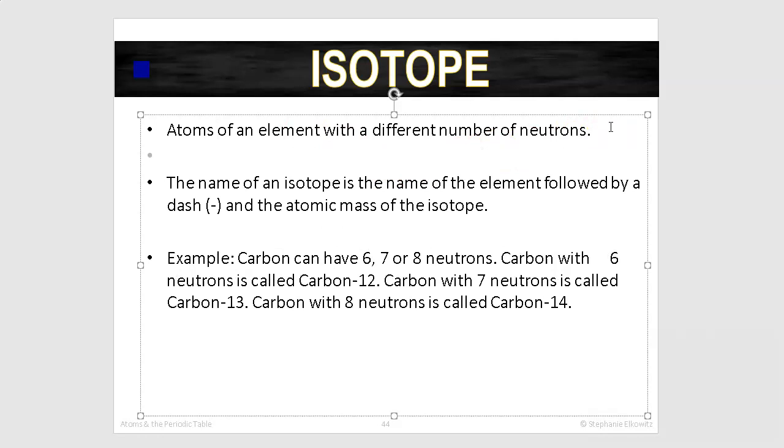Remember, protons make the atom. Oxygen is oxygen because it has 8 protons. Carbon is carbon because there are 6 protons. Nitrogen is nitrogen because there are 7 protons. Mercury is 80, I think. That's what makes mercury mercury.